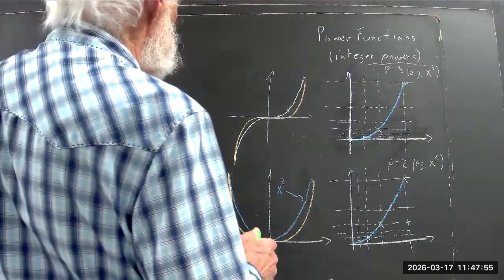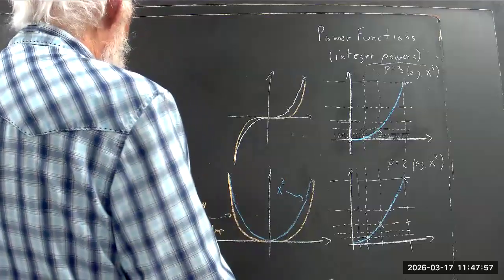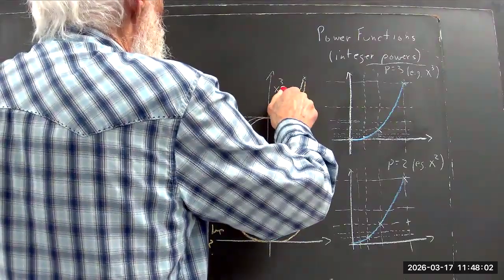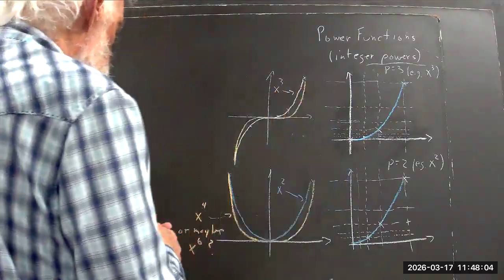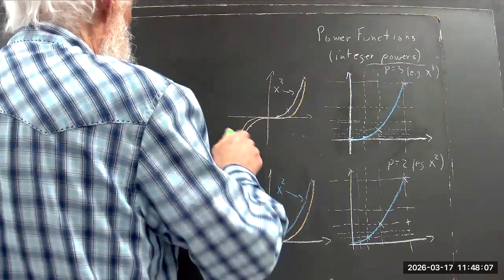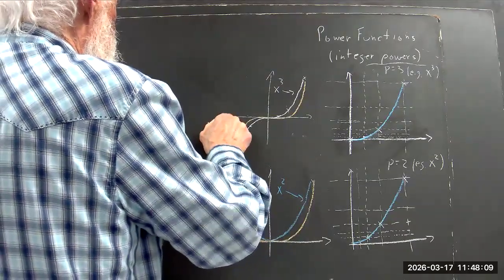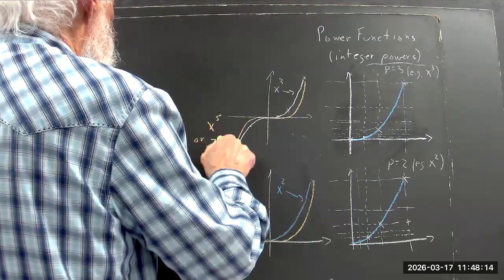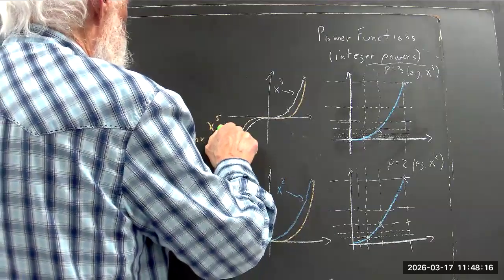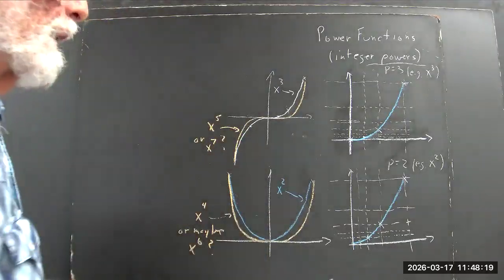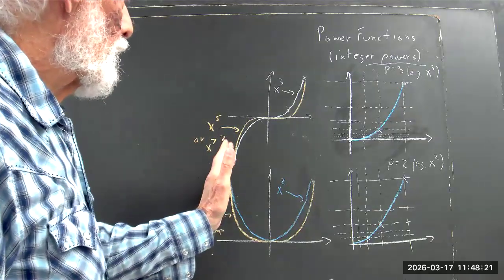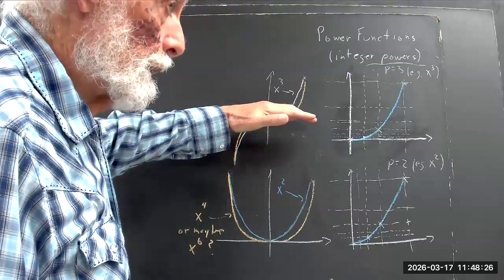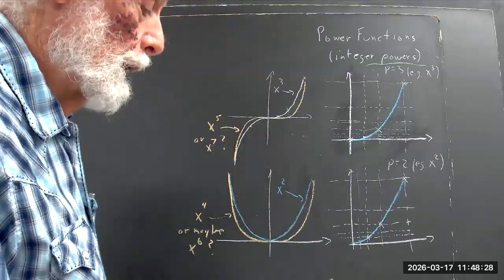And if the x cubed function is the function that we just looked at, the x to the 5th or x to the 7th, again, question mark, is going to look like this. The higher the power, the steeper it is, and then the flatter it is. It starts out very steep, gets very flat.